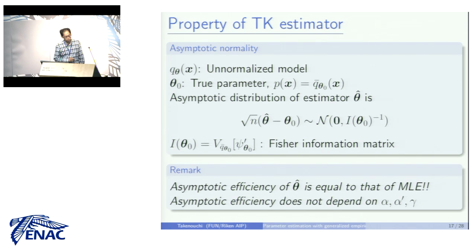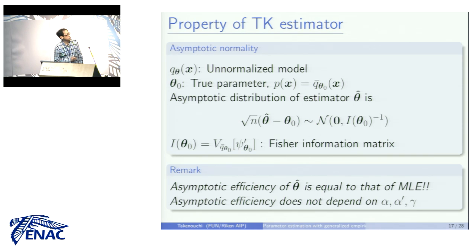And we can write down the asymptotic distribution of the estimator. The asymptotic distribution of the estimator is written like this. I mean that this estimator is normally distributed around the true parameter theta 0, and the covariance matrix is the inverse of the Fisher information matrix.